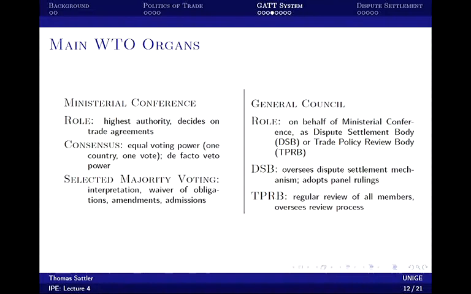The point is that this body does not sanction anybody. It's just about discussing whether a country's trade policy is consistent with or in violation of WTO rules. That's already very important. According to neoliberal institutionalism, information is one of the key issues to induce cooperation, right?